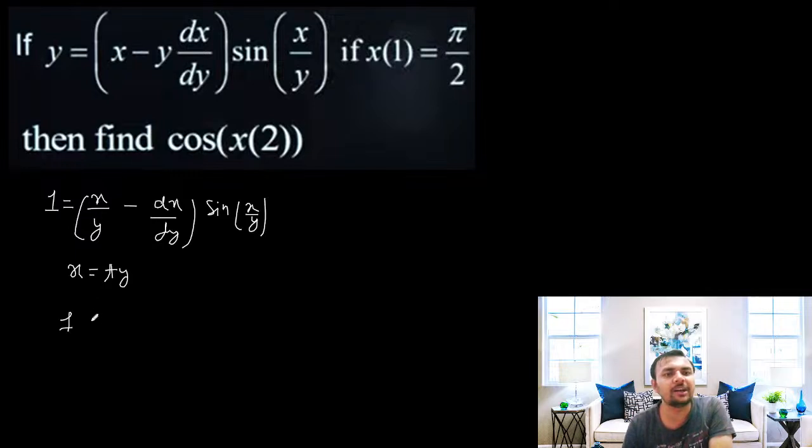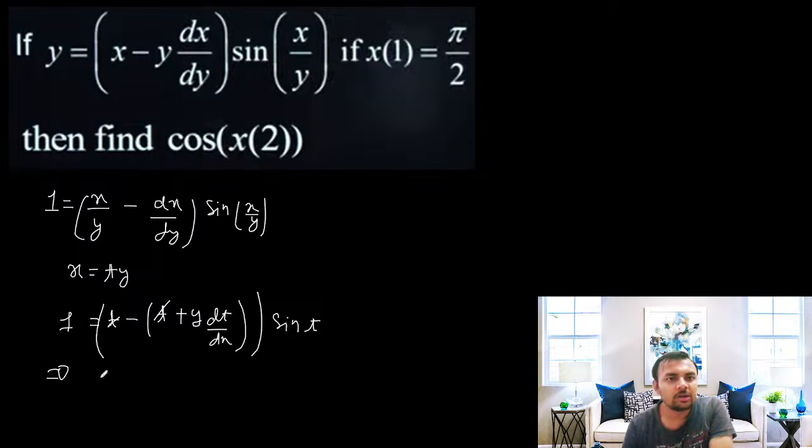We are getting 1 equal to t minus, dx by dy is nothing but t plus y dt by dy, and this is sin t. So t cancels. We have cosec t equal to minus y dt by dy.